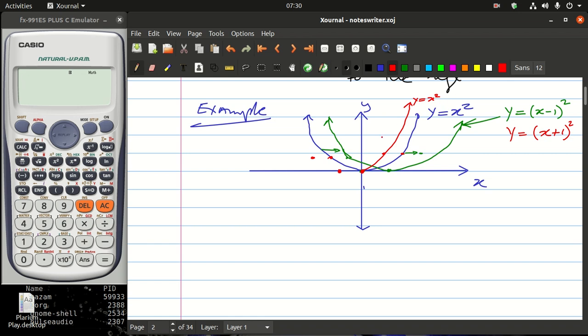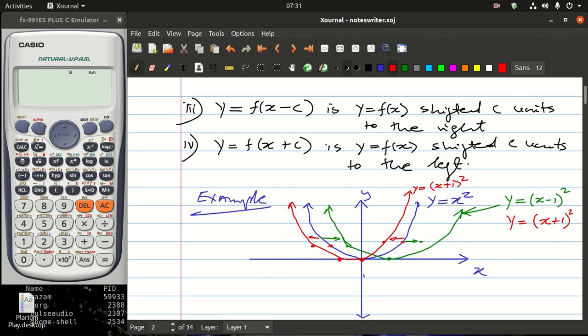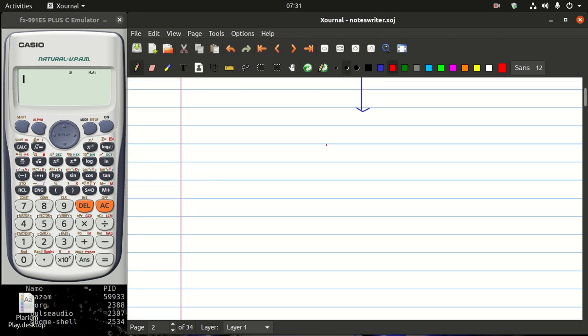So we're going to have our x plus 1 squared, and then this one is going to go this way. Of course, you can see that now this curve was moved to the left and this curve was moved to the right. That's the meaning of these two rules here.